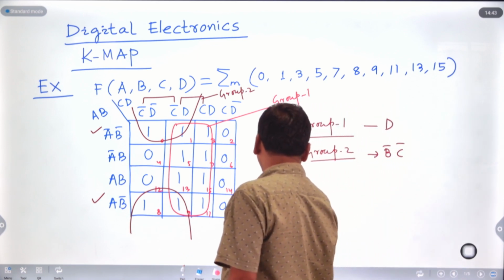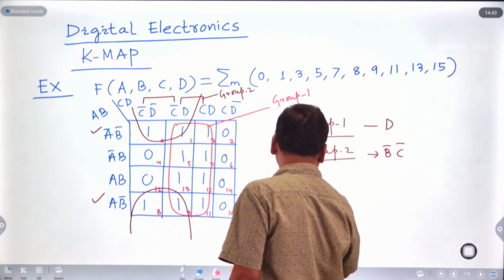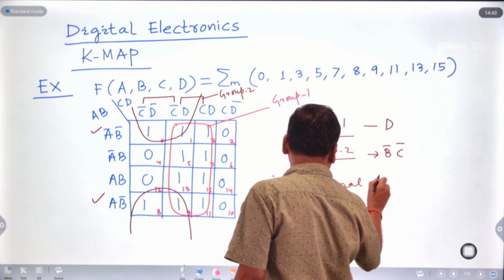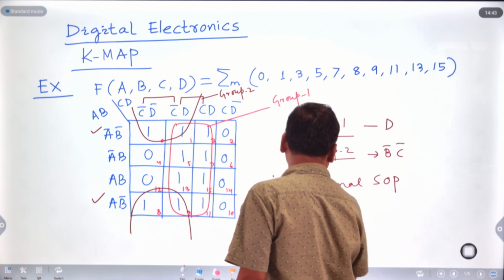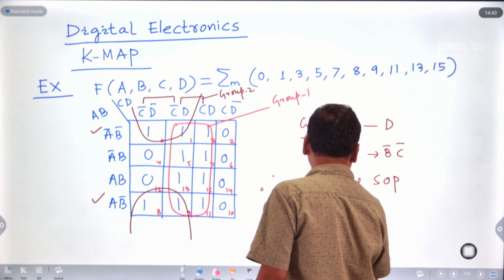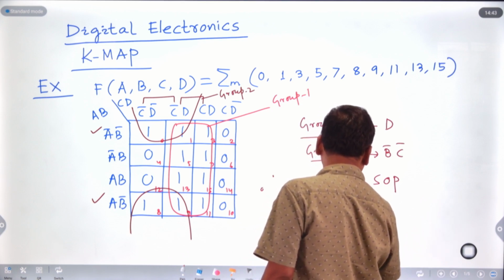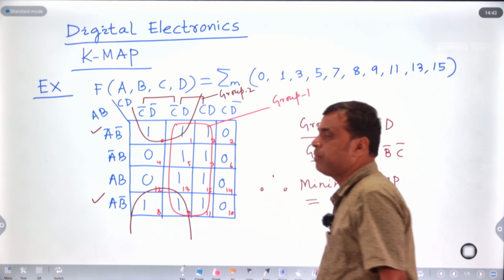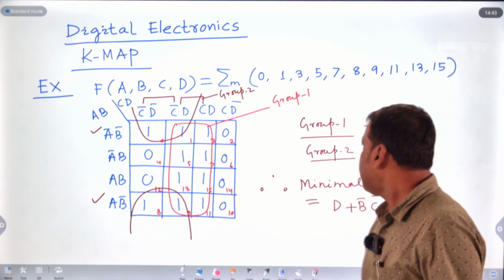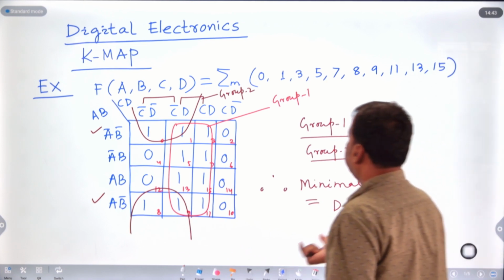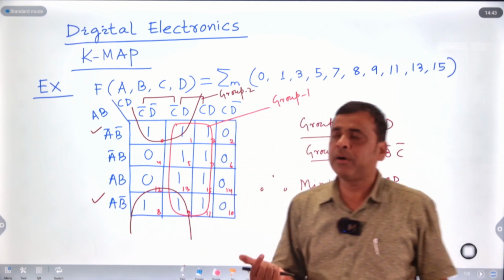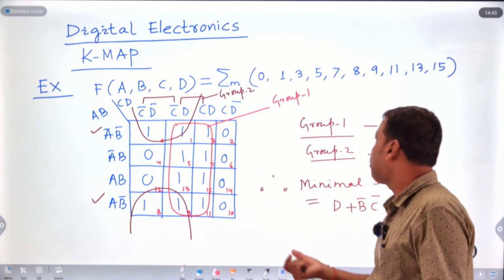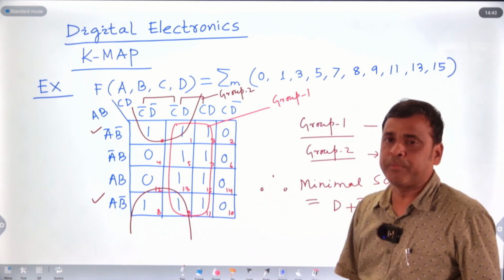Therefore, the minimal sum of product, the minimal SOP, equals D plus B bar C bar. The K-map method is very quick for finding the minimal SOP.